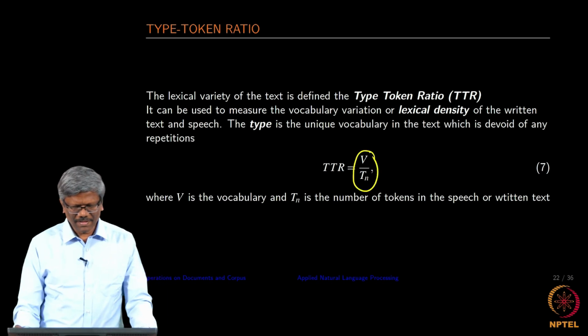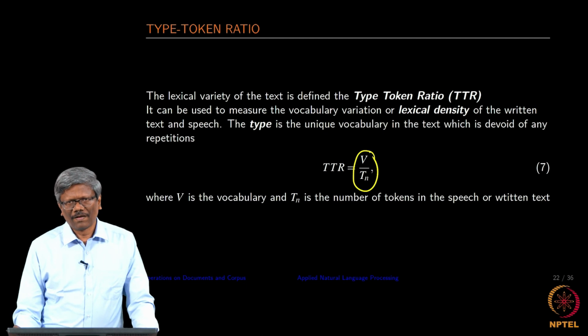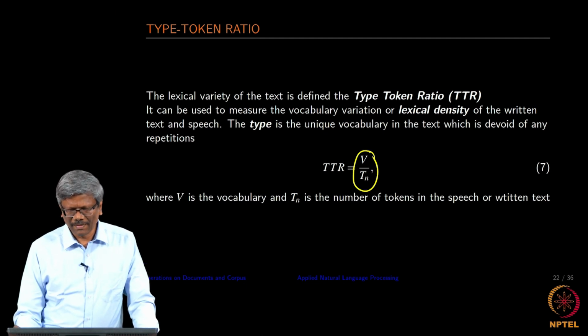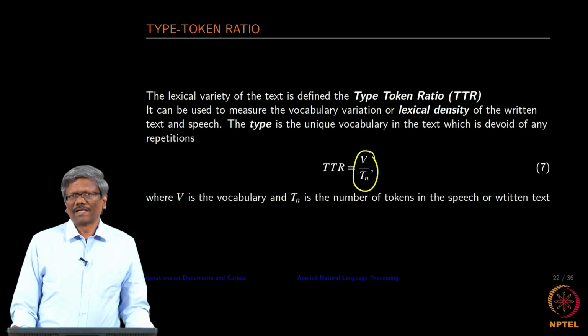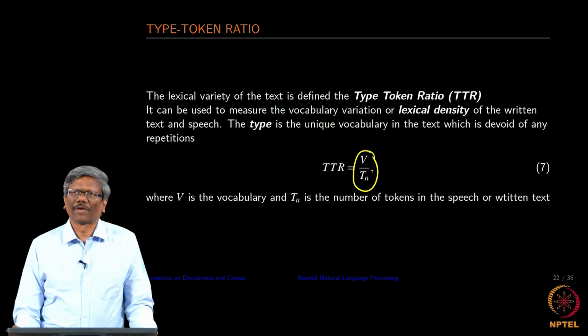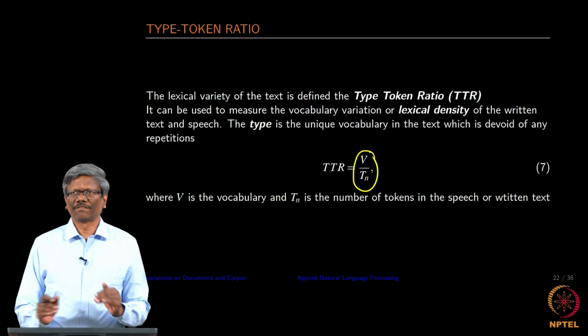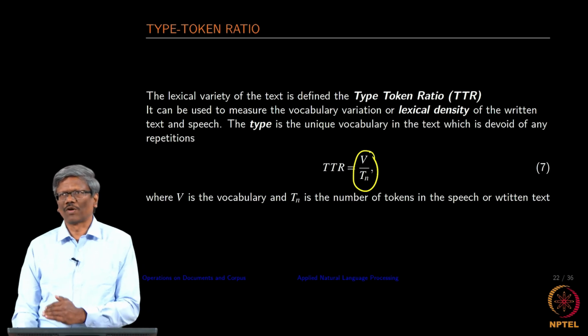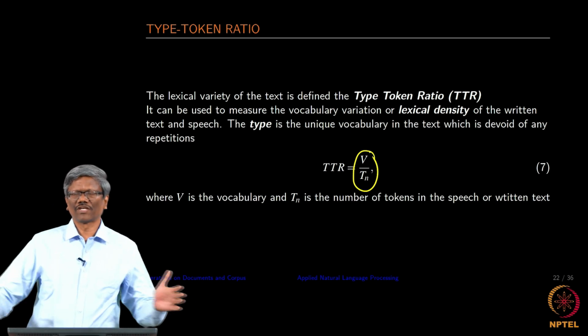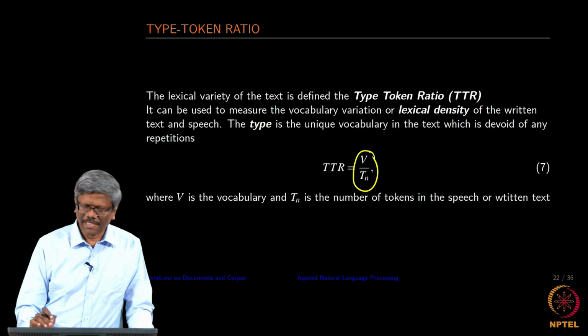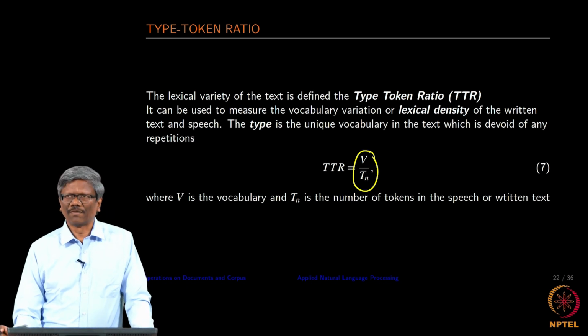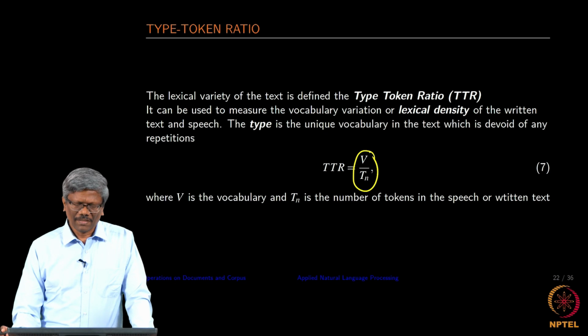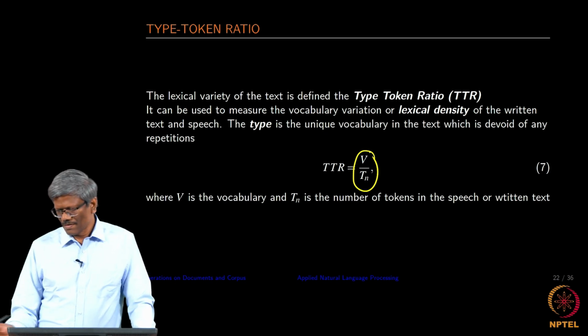This gives a very useful ratio which tells you your lexical density in terms of vocabulary. For example, if you used a very small subset of vocabulary, the value would be very small. If you used a large collection of vocabulary, the TTR value would be very large. Why do we need this?